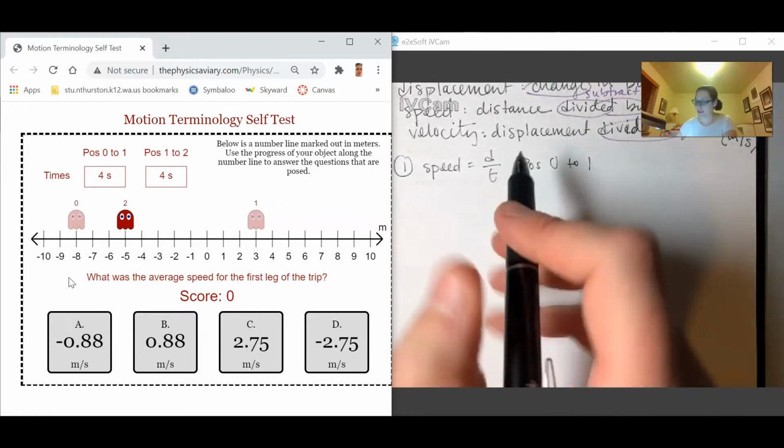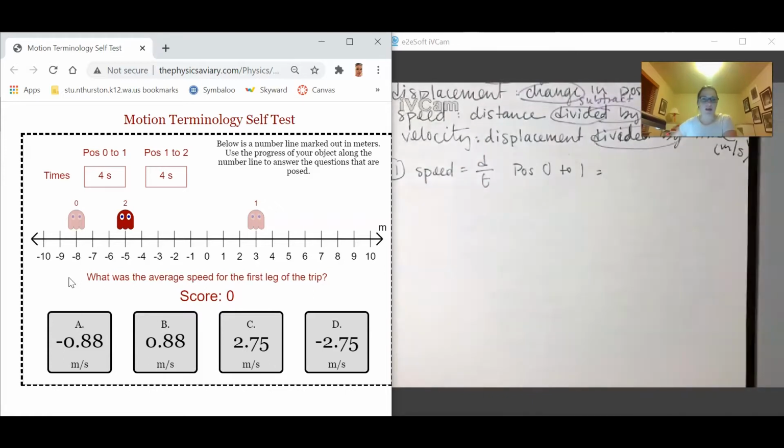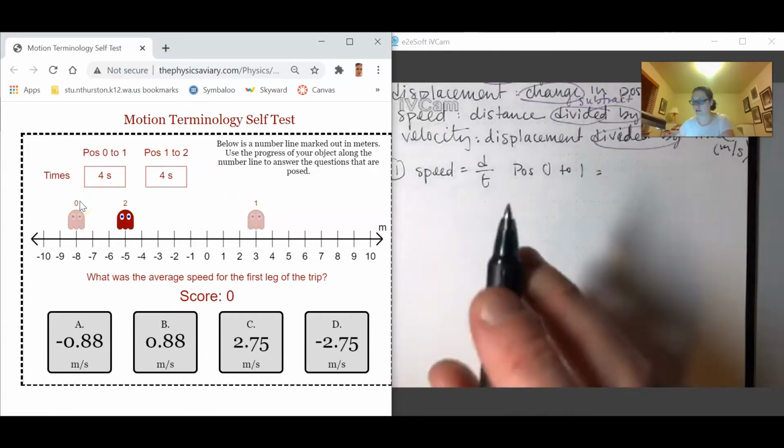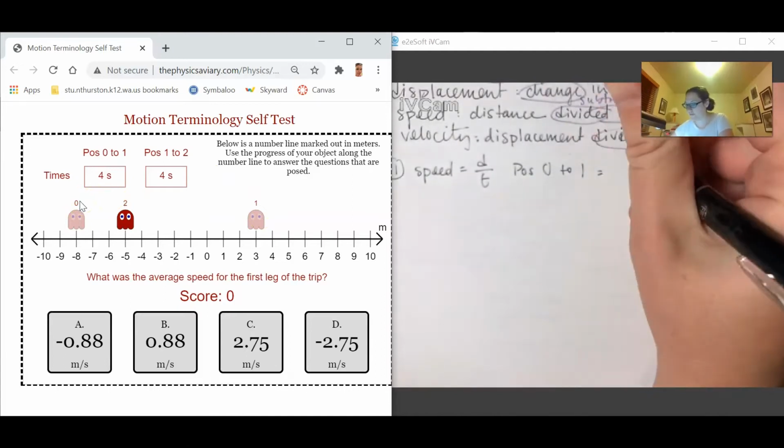So I need to figure out what my distance is. It's going to be from -8 over to +3. So 2 options here. You could count this on the number line. You could actually count how far it goes. 1, 2, 3, 4, 5. I'm not going to do that. Or you could do some subtraction to find distance and compare your final position minus your initial position, since we're looking at just one leg.